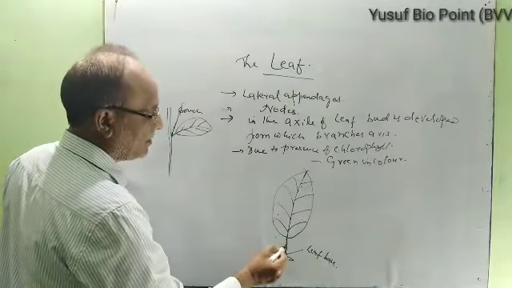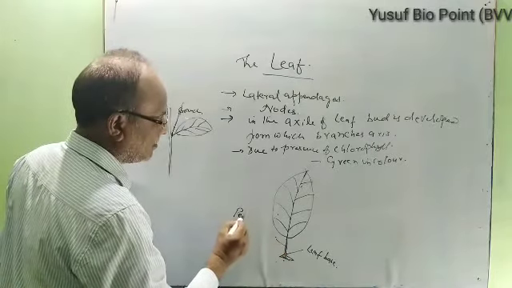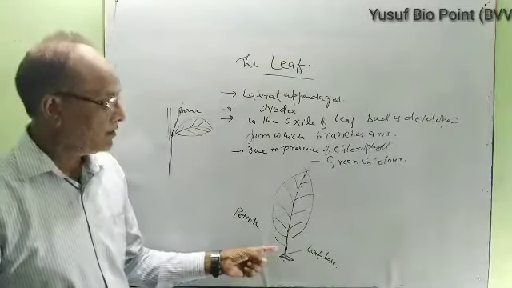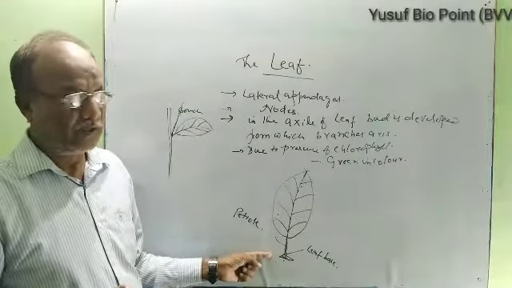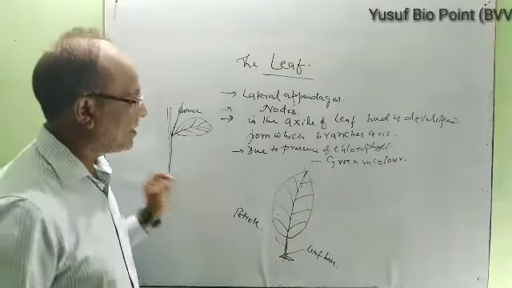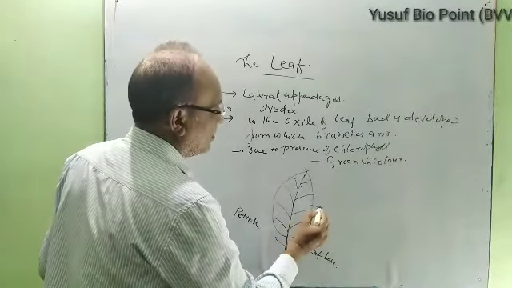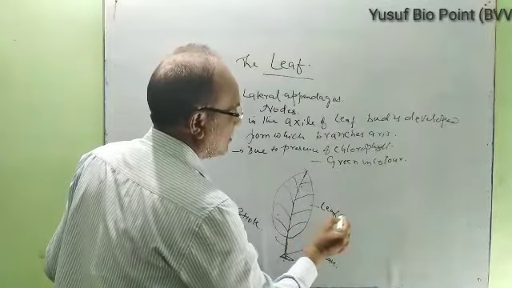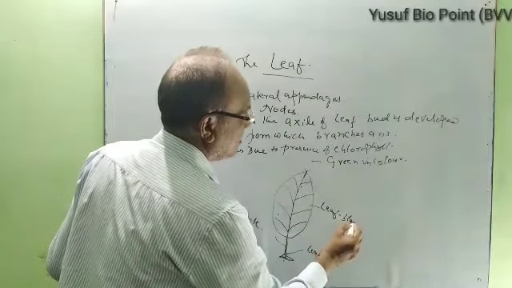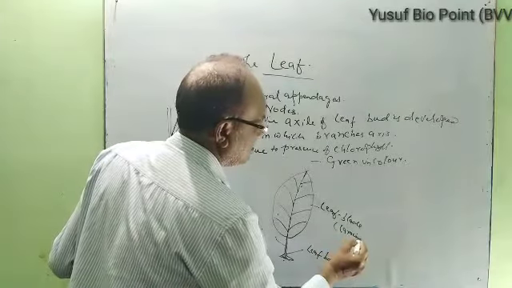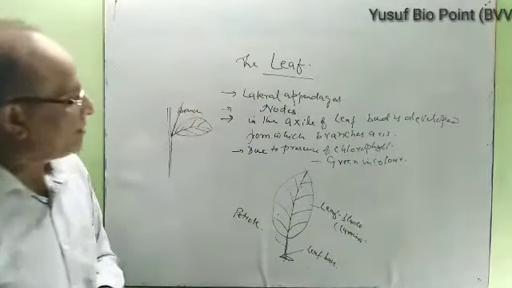This part is called the petiole, and the total flat part is called the leaf blade, or lamina. Understand?